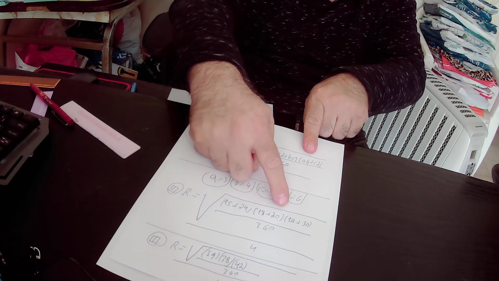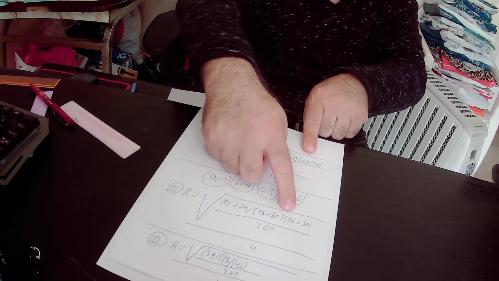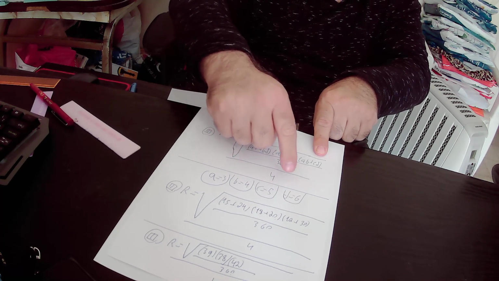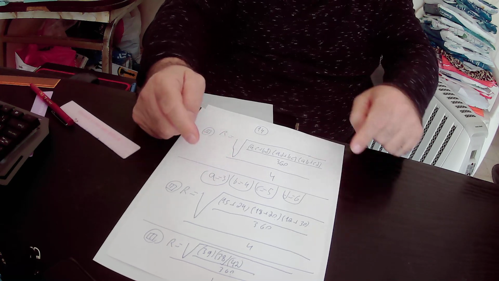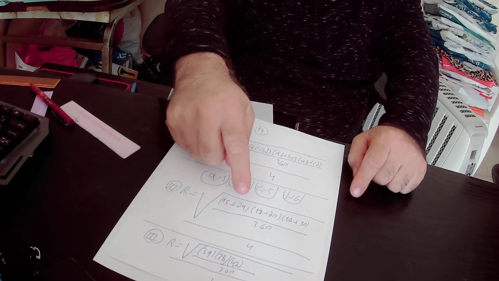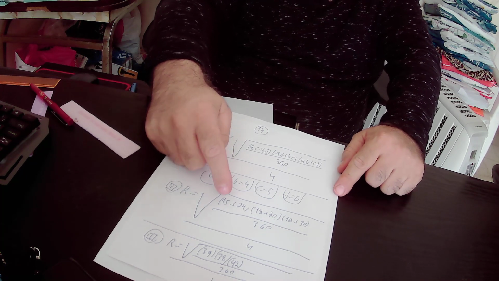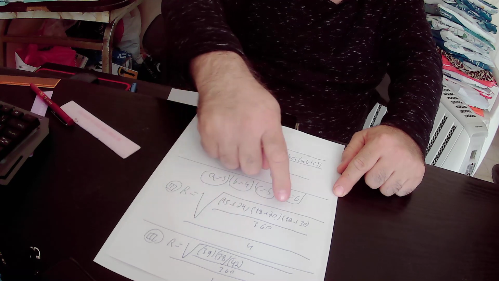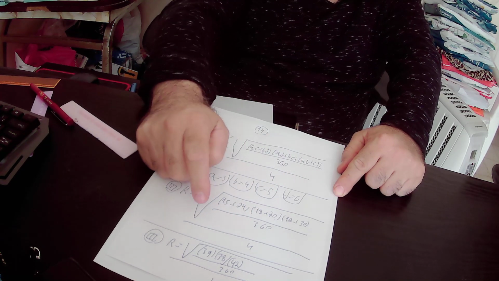And here A is 3, B is 4, so 3 times 4 is 12. Here we have CD, C is 5, D is 6, so 6 times 5 is 30, and all divided by 360 over 4. 15 plus 24 is 39, 12 plus 20 is 38, and 12 plus 30 is 42.